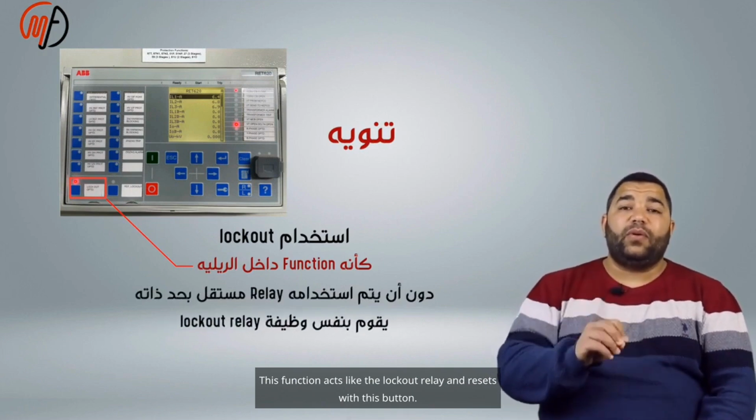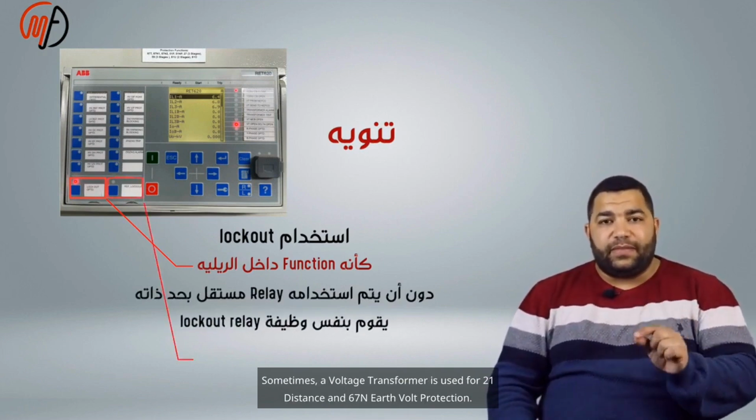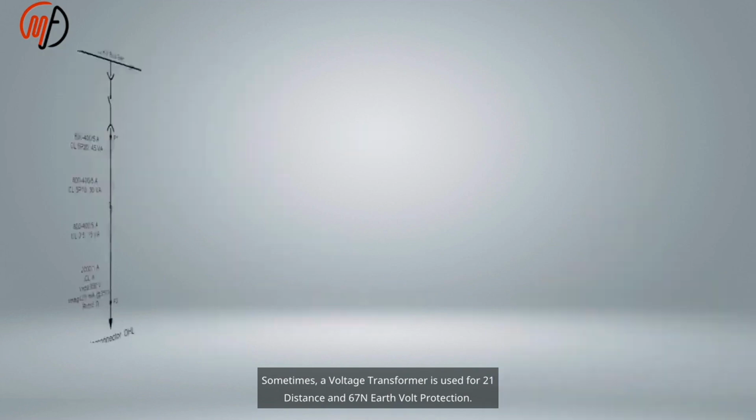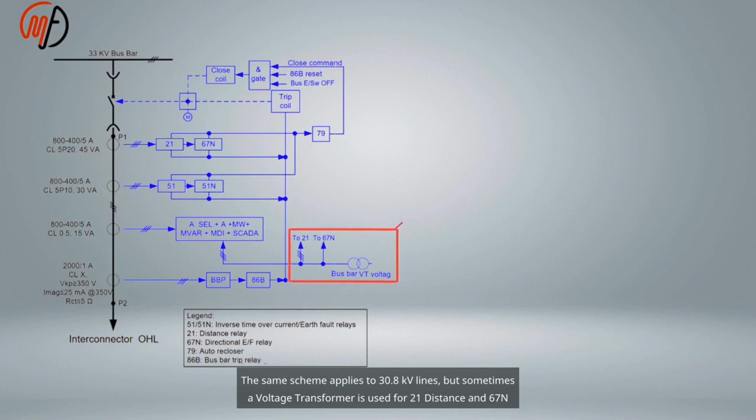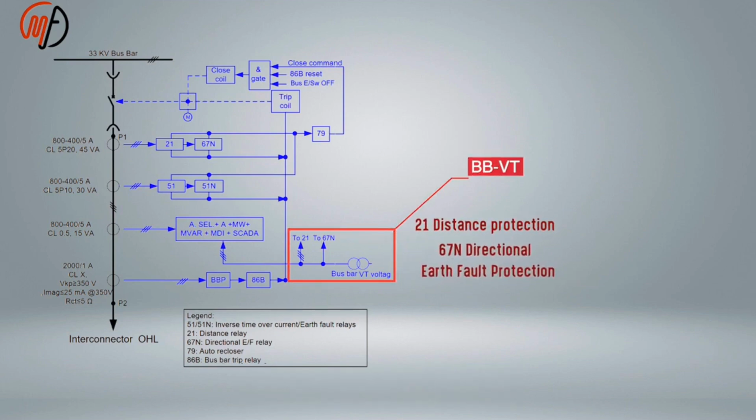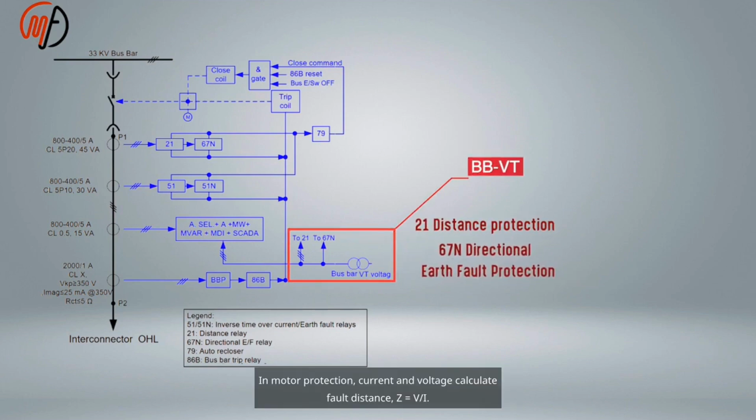Sometimes a voltage transformer is used for 21 distance and 67N earth fault protection. In motor protection, current and voltage are used to calculate fault distance.